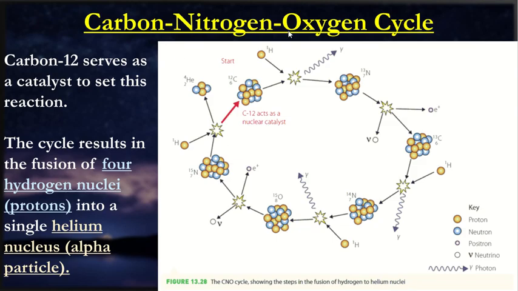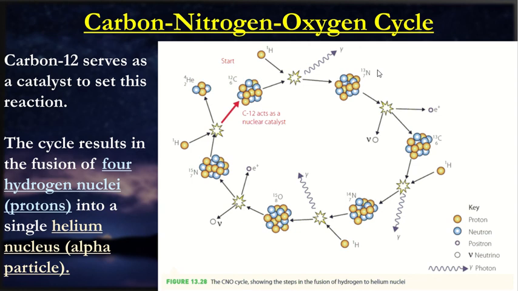So, the carbon-nitrogen cycle: carbon-12 is the first one we have here. It's acting as a catalyst to cause the reaction. The carbon-12 is going to collide with one proton, and that's going to make it into nitrogen-13. In that process, gamma rays will be produced.